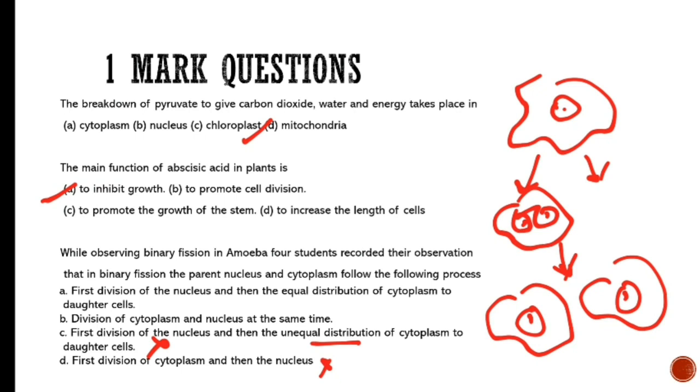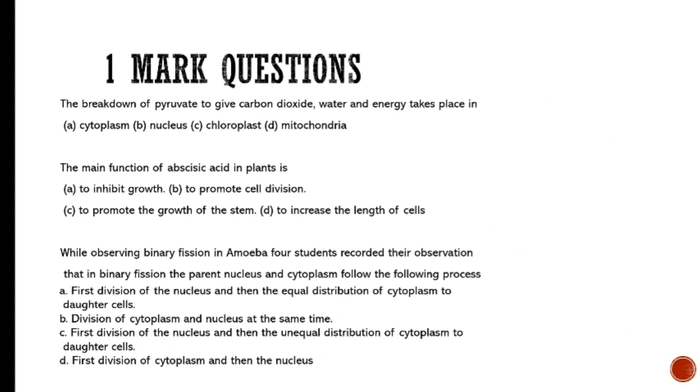The daughter cells are identical copies of one another, and also similar to the parent. Division of nucleus and cytoplasm at the same time is also wrong. First the nucleus divides, then the cytoplasm will divide. So the first option will be the correct option. Alright, I hope you have understood this.